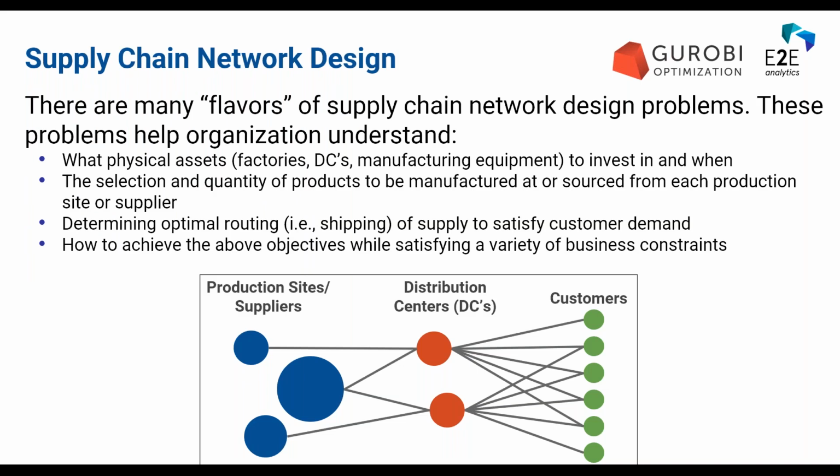So even in the supply chain network design space, there's a lot of different flavors of that problem in itself, right? And this goes back to what I was talking about, that the term network design is a fairly overloaded term. Sometimes people think about network design as where should I place my physical assets, right?